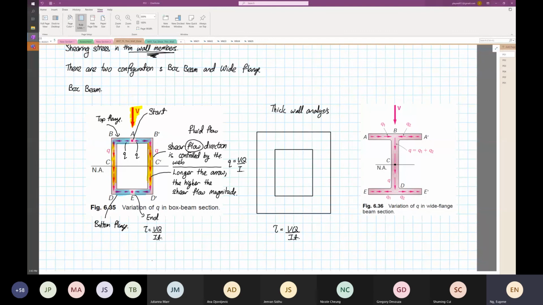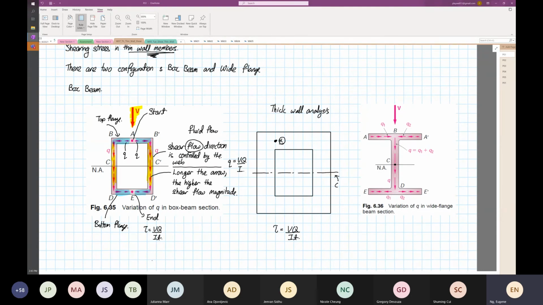Now, if we were to find, for example, I will always ask you, let's find the stresses at point alpha. That's a typical question. Let's find the shear stress at point alpha. The same thing, you have to find where the centroid is.